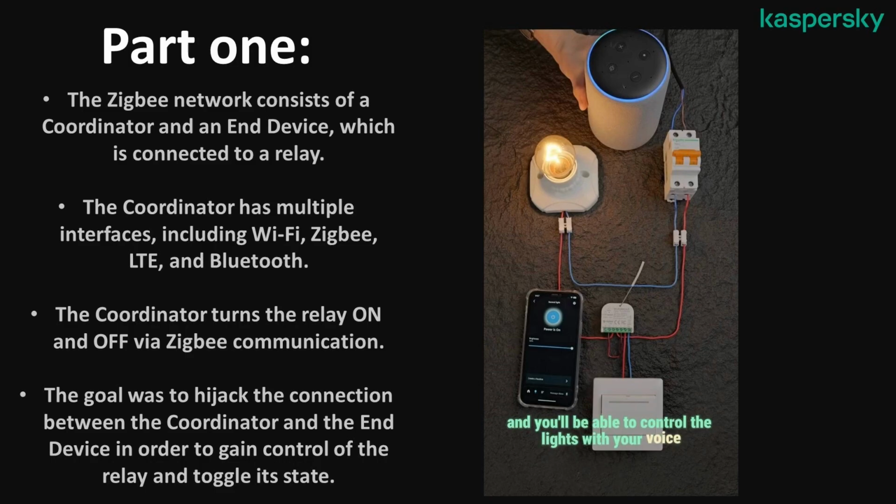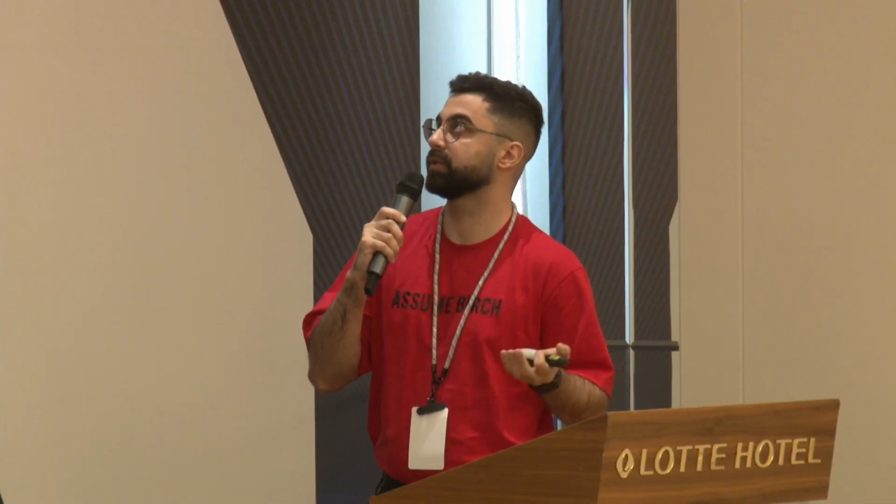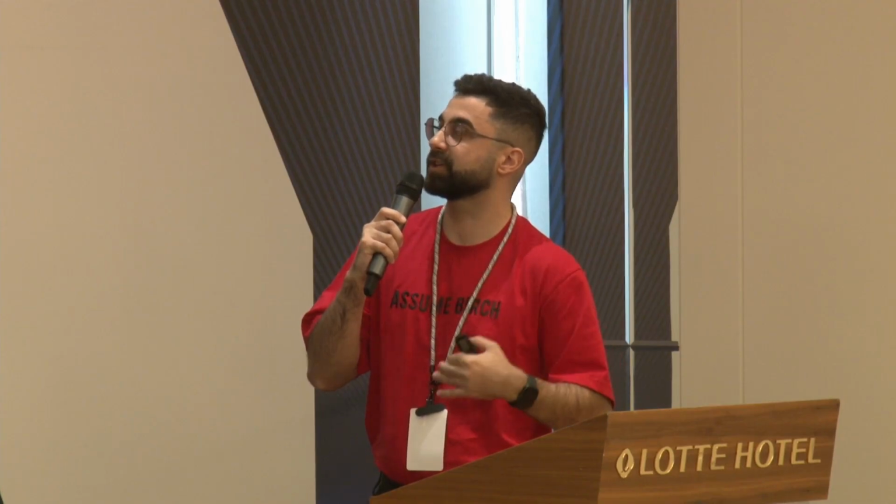How can we imagine it? You can imagine it as a smart home setup. You have, like, Alexa connected with a smart relay. Inside it there is an endpoint and a relay. You tell Alexa with the voice interface to turn on and turn off the light, for example. What actually happens is just a ZigBee packet flying from Alexa to this smart relay.